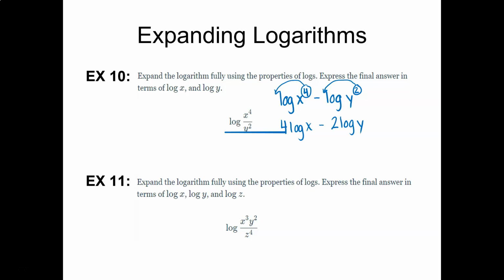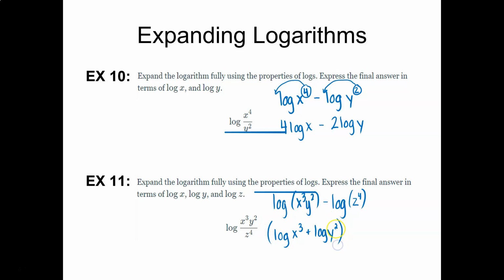All right, our next one is a little bit more complicated because we've got more stuff, but we would still break up that division with subtraction. So we would have log of x cubed y squared minus log of z to the 4th. I want to break up this multiplication with addition first. So I've got log of x to the third plus log of y squared.